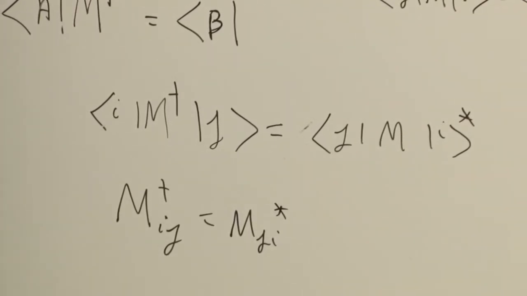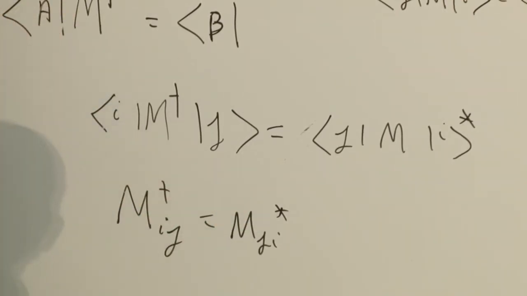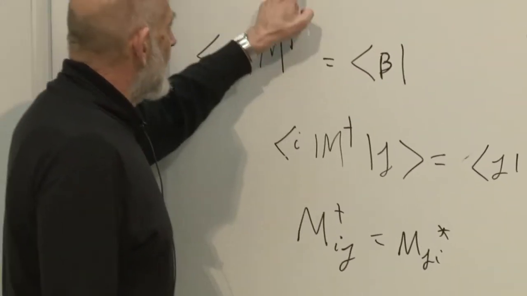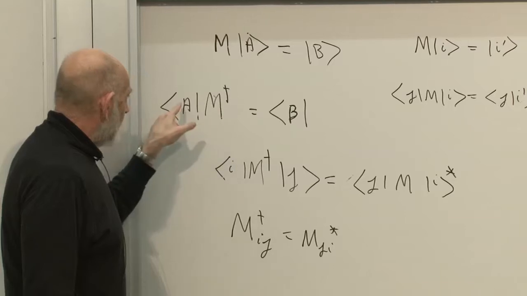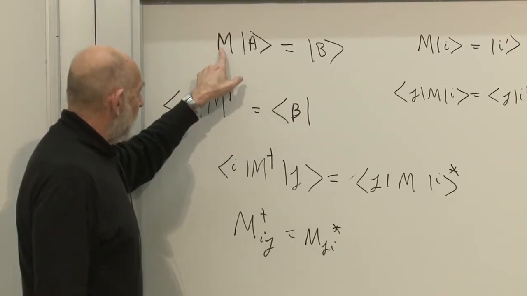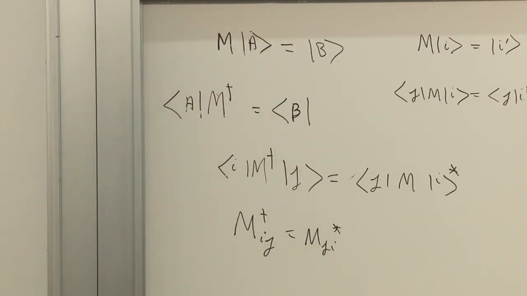We know how to construct operators which act to the left to do the same mapping that they did when they went to the right. They map the bra A to the bra B if the original operator did the same thing on the kets.